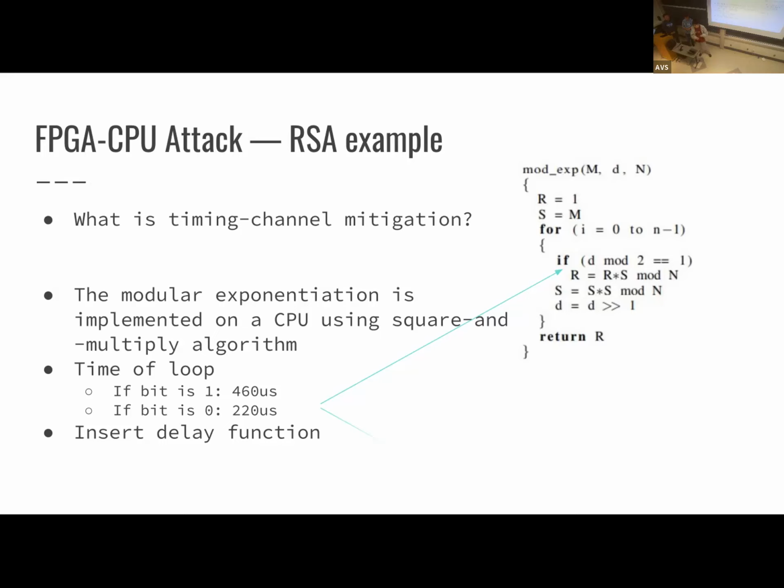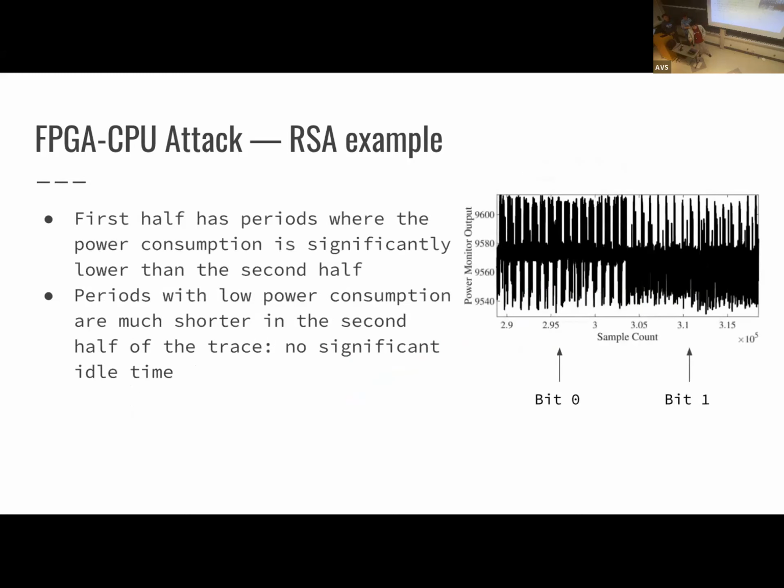If we want to do timing channel mitigation, we just insert a delay function to make the delays for bit 1 and bit 0 equal. But if we use our FPGA attack, we can see from the picture that we can still clearly differentiate 0 and 1, because the first half has periods with power consumption significantly lower than the second half.